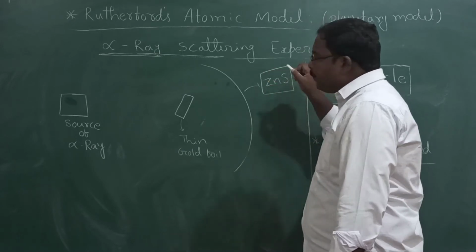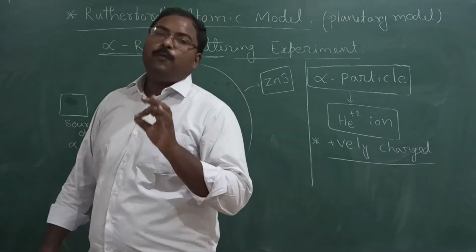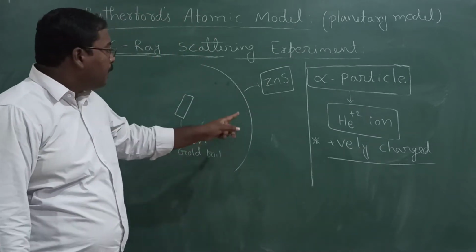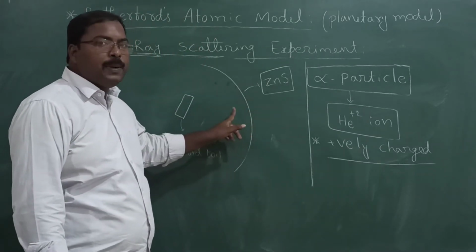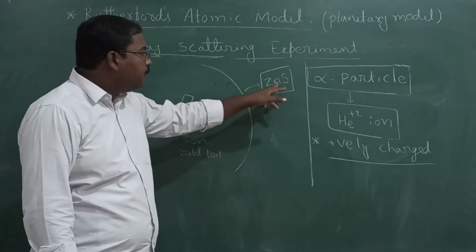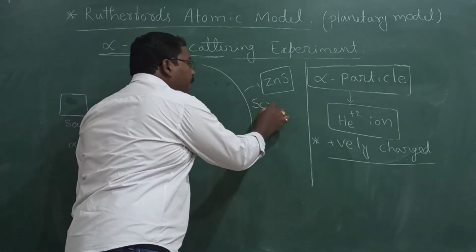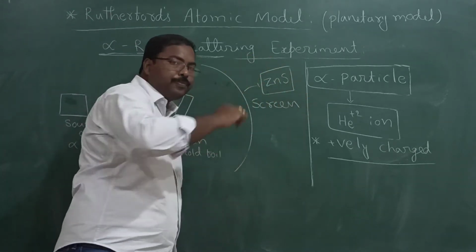Many times in competitive exams they ask, in Rutherford's experiment the fluorescent screen is made up of which material? The material is zinc sulfide. This is known as the zinc sulfide screen.